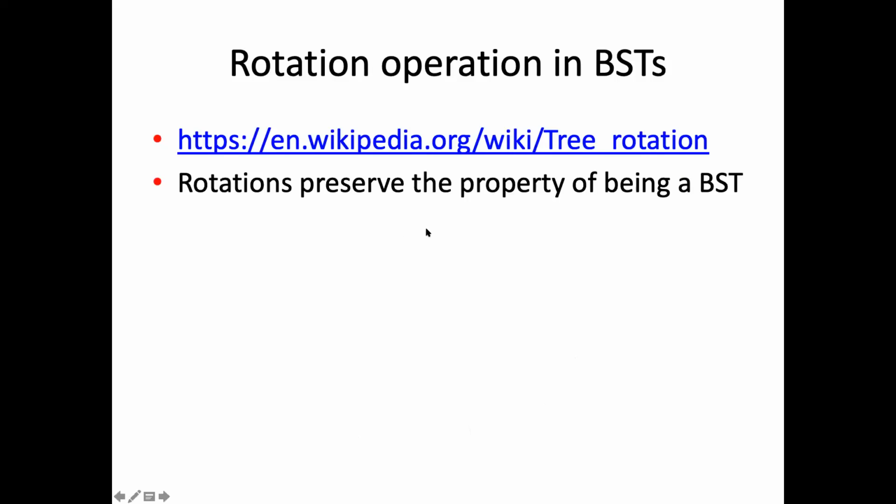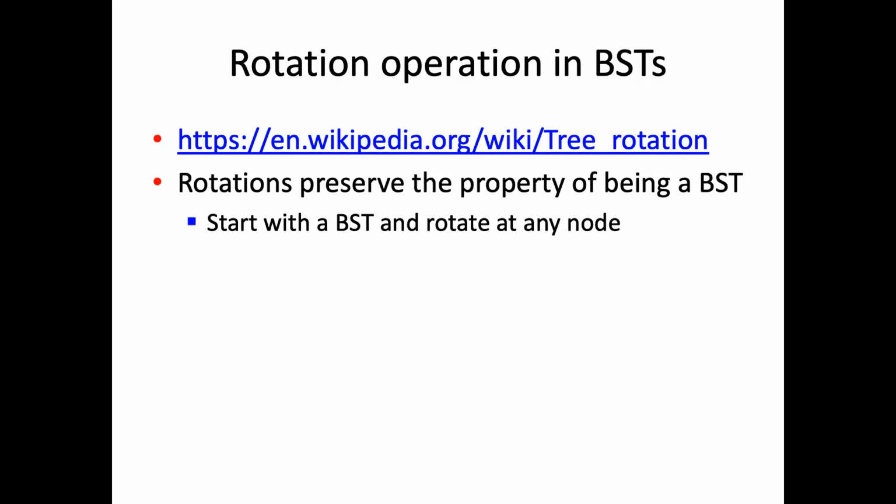All right. So this is what I said earlier. The rotations preserve the property of being a binary search tree. All your orderings are still satisfied. Everything in the left subtree is smaller. Everything in the right subtree is larger. Even though you went and rotated it, the rotations were done carefully enough that this property remains true.